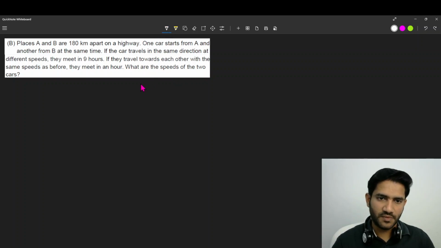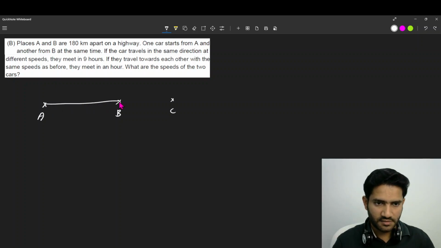That's the question here. So here we have A and B. First car is starting from A. Second car is starting from B. Same direction, that means here we have C. So this is the first case, same direction.